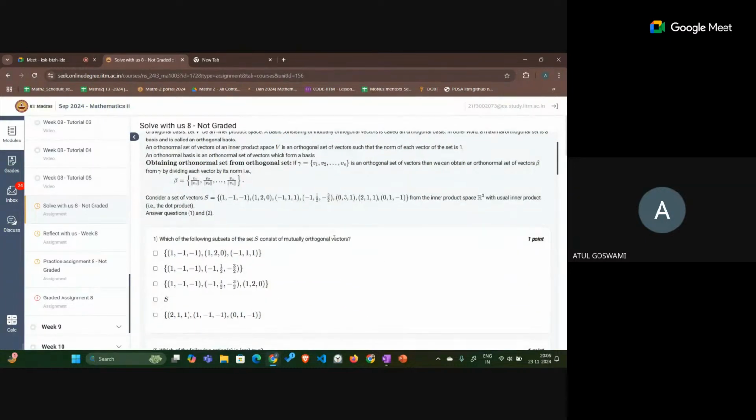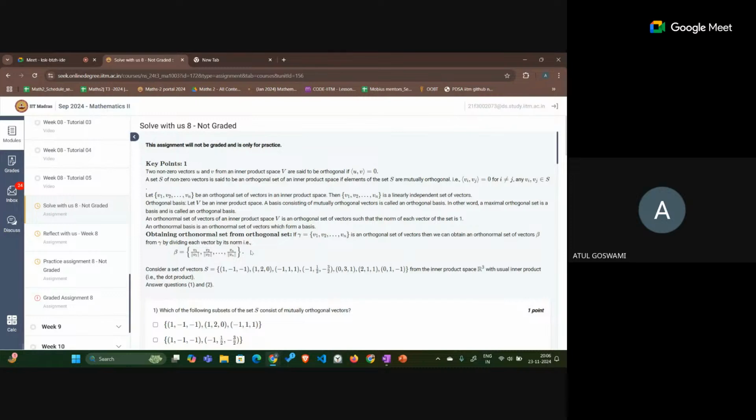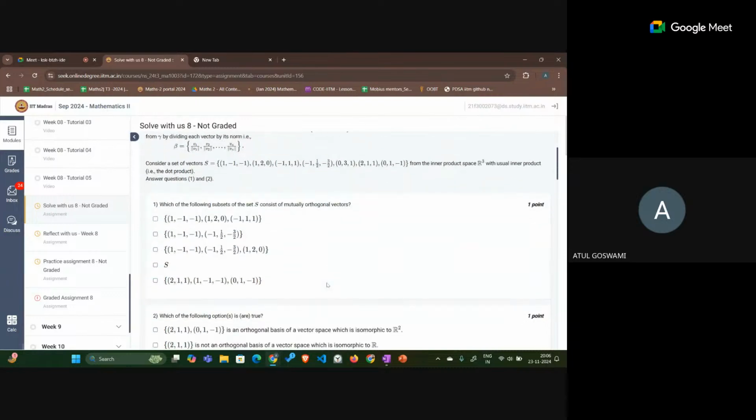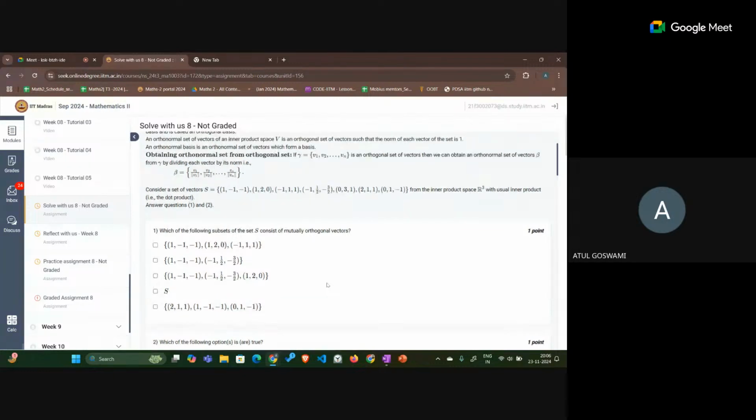Everyone solve this first question, or if you want to, read this key point one first and then solve question number one, which asks which of the following subsets of S consist of mutually orthogonal vectors. You just have to check which ones are orthogonal.